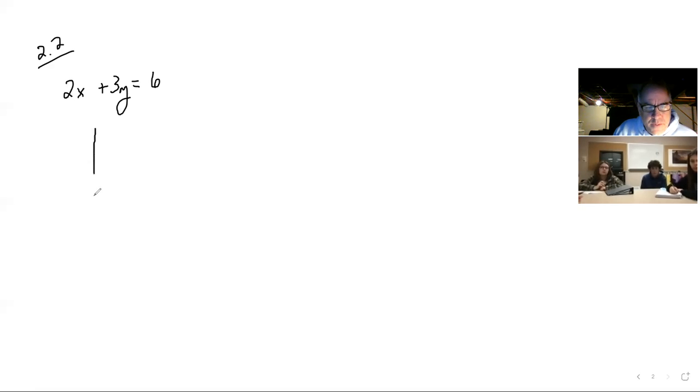And so when I look at a graph in a rectangular coordinate plane, what I'm looking at is the solution set. It's a representation of the solution set of that particular equation.